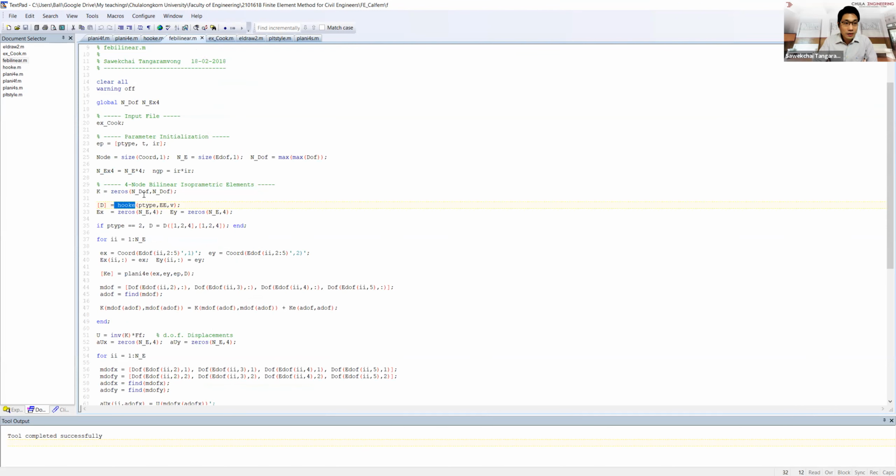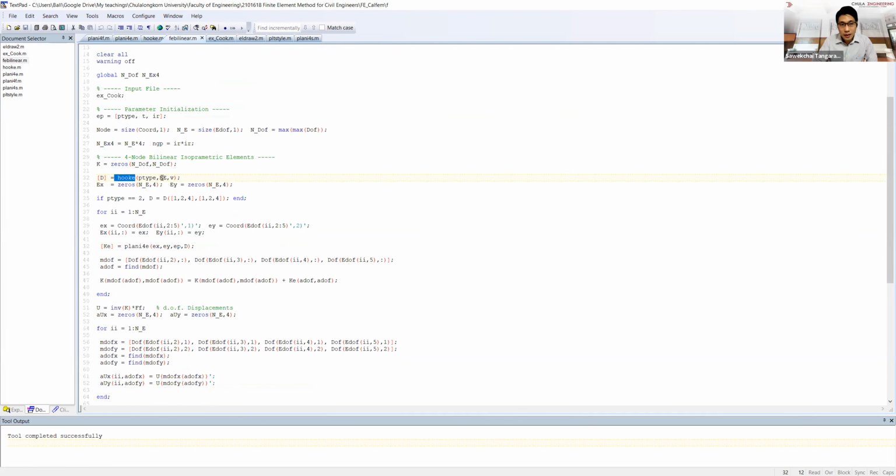Then you start to run the loop, right? In this one here, listen to me carefully, they use a uniform, homogeneous material for the whole structure. So that's why they call the Hooke law only once, because they assume that for the whole structure you have similar elastic properties, such as the Young's modulus and the Poisson ratio.